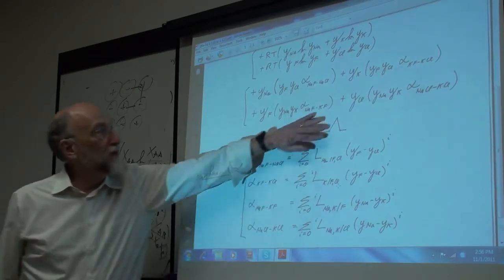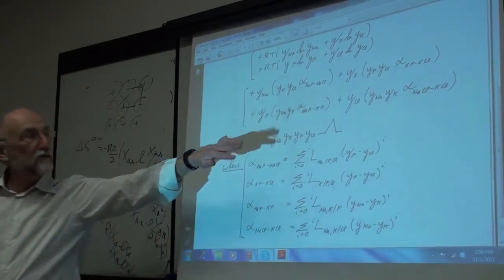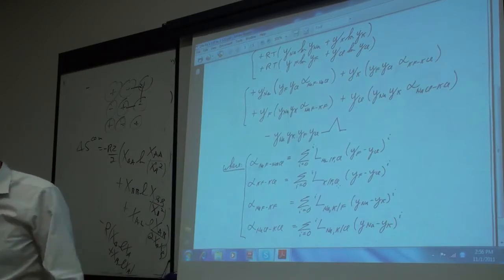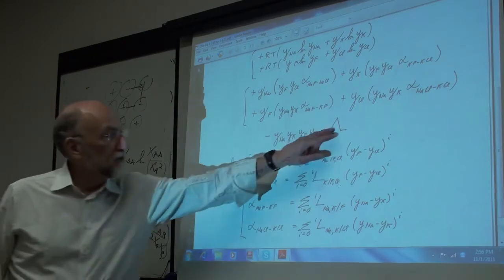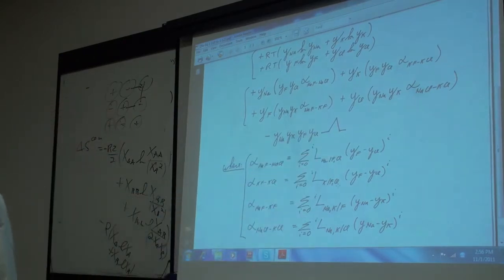Most people don't put that term in because they don't understand what it's all about, so they always get big deviations. The people at Thermo-Calc, Mats Hillert, put that term in, but they generally treat it as a lambda term. They never give Blander credit for it, but Blander taught them what to do. So the short-range ordering is taken into account by this type of term here, and it's not trivial.